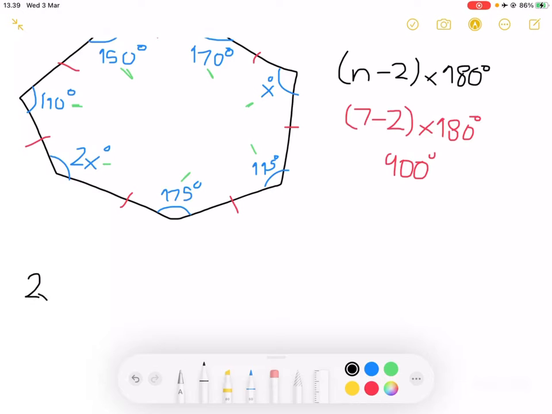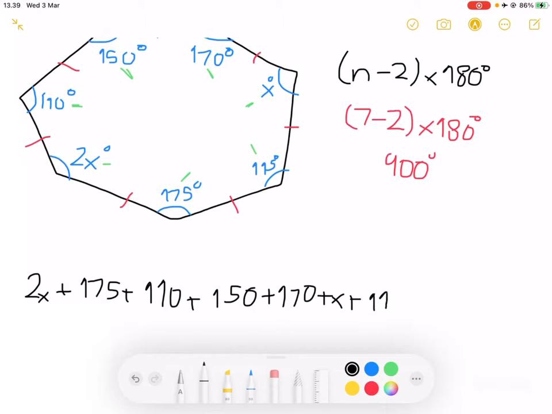So the sum of all angles right here, I'm not going to write the degrees out because you can just cross them out first. Make sure that I've written all of them. Yep, and this must be equal to 900 degrees.